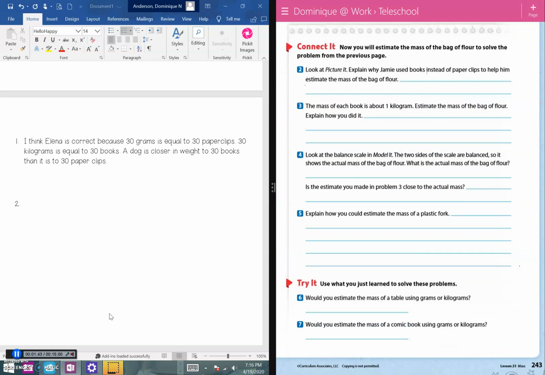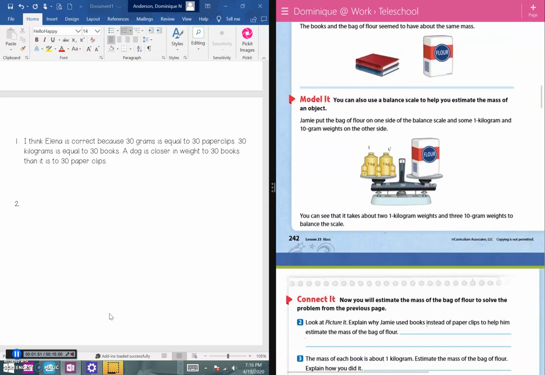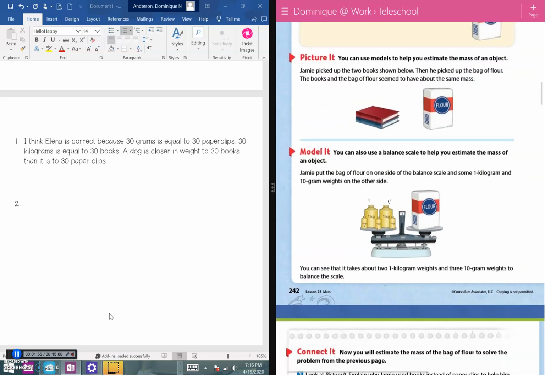Alright, number 2 says, look at the picture. Explain why Jamie used books instead of paper clips to help him estimate the mass of the bag of flour. So remember, we talked about 1 paper clip is a gram, whereas 1 book equals 1 kilogram. So we've all seen bags of flour. They're pretty heavy. Why do you think he would have used a book and not paper clips?